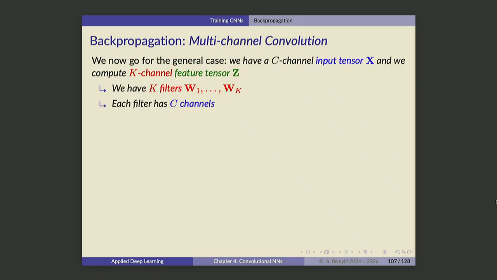So I assume that I have C different channels here, right? X1, X2 to Xc, right? And then each of them is getting convolved with one filter, right? So I have, for example, W1. This is W1, filter 1, right? And so on till WK, right? This guy gets convolved with this one.